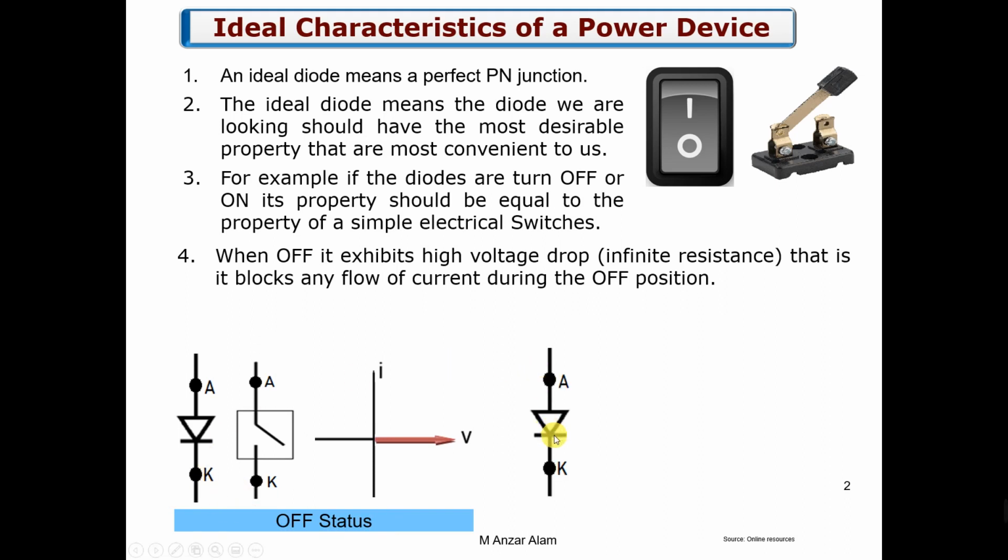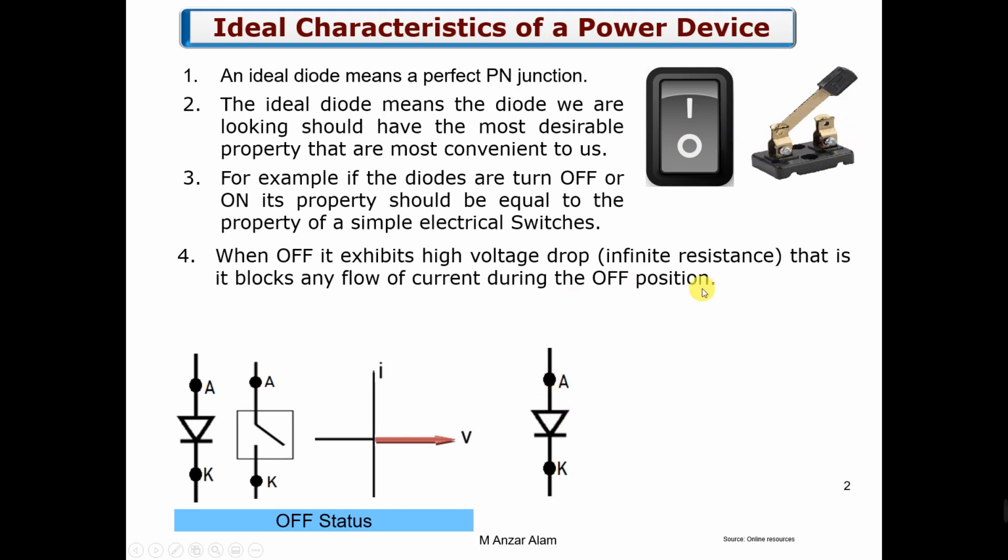Again, take the same diode, and we are assuming that this diode is on. Why is it on? Because the supply is connected here and here with the external supply, and we are assuming that this is on. If this is on, it means that the lever is pushed down, and it becomes a conductor, so it can allow the flow of the maximum current.